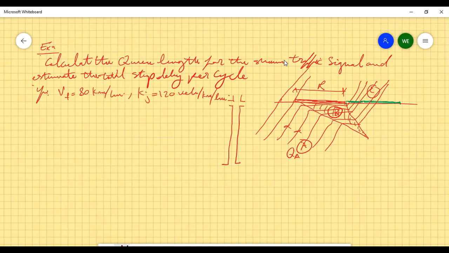Okay, these are given, and QA equal say 600 vehicle per hour per lane. Make it 800. Okay, let me just make a quick calculation.